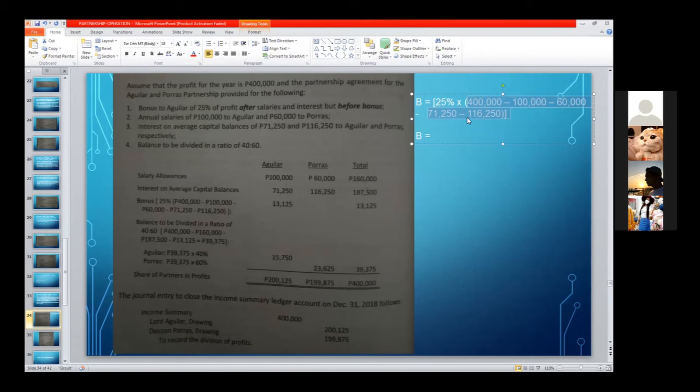Ayun, 52,500. So kaya 25% times 52,500. O magkano yan ngayon? 13,125.